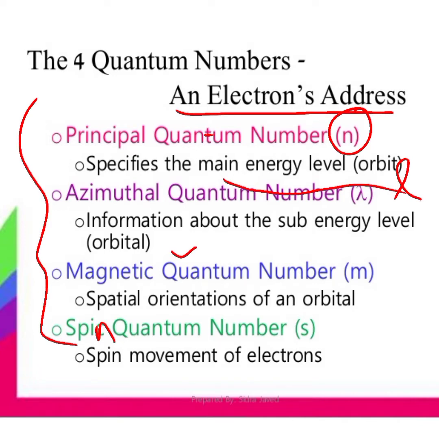Magnetic quantum number gives the idea of spatial orientation, how an electron will orient, how it will degenerate. And spin quantum number is the movement of electron, which direction the electron moves, either clockwise or anti-clockwise. These are the main 4 quantum numbers.